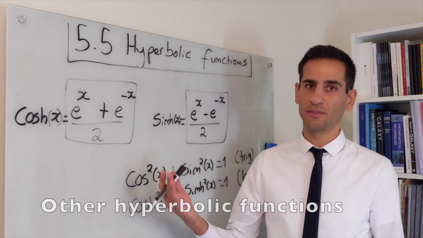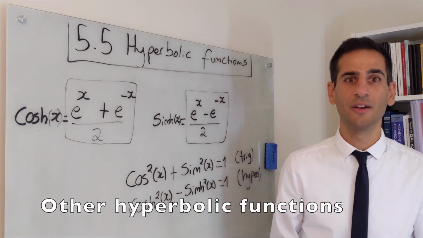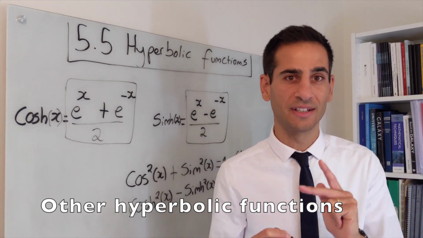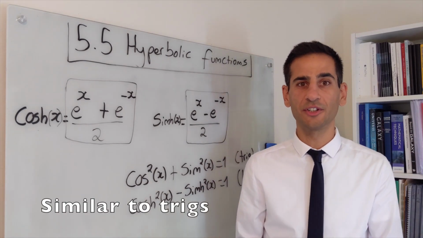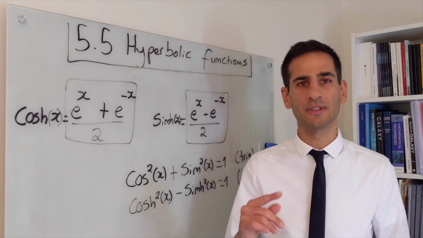In a similar way that we can define a hyperbolic cosine and hyperbolic sine, we can also define the hyperbolic tangent, the hyperbolic secant, or the hyperbolic cosecant, which have definitions that are essentially the same as for trigonometric functions. But let's have a look at them.